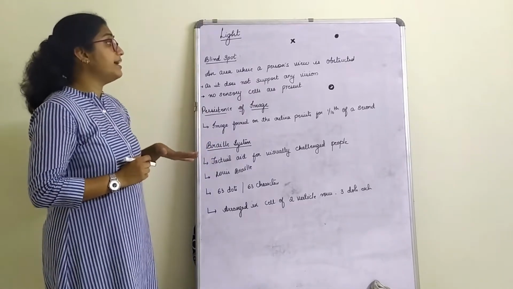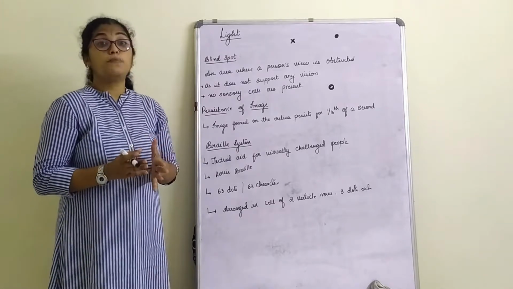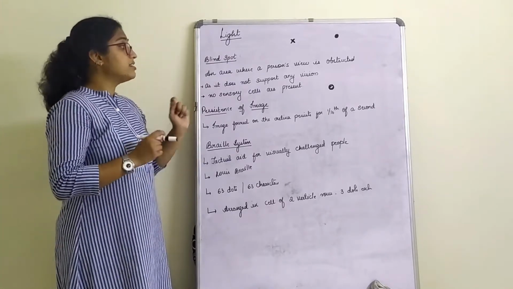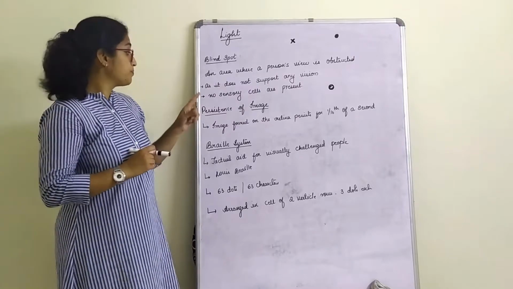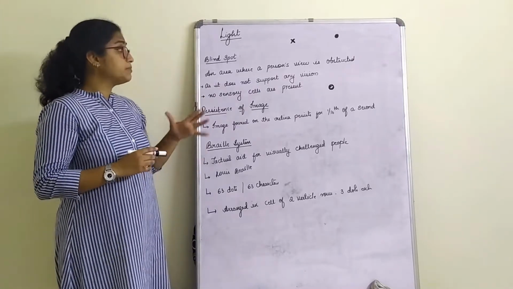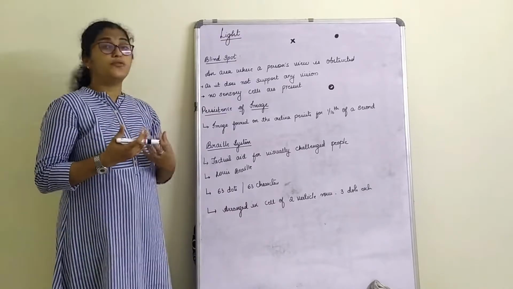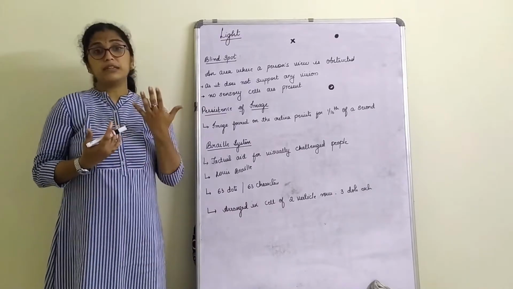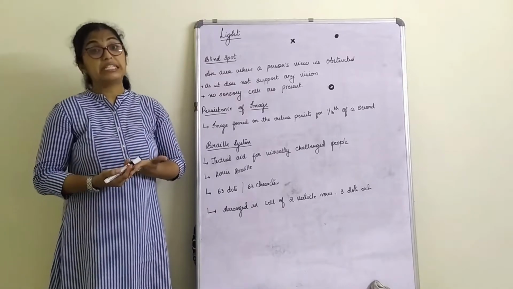A blind spot is an area where a person's view is obstructed, as it does not support any vision. No sensory cells are present at that point. At that particular point, we cannot see anything.